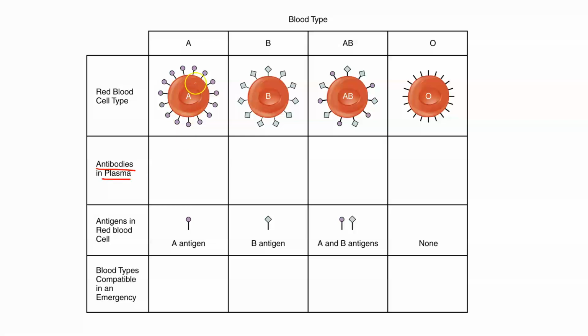Okay, so somebody that has type A blood, they do not have a B antigen on their red blood cells. So the B antigen is foreign to them, and so they'll likely have anti-B antibodies in their plasma. The way that we name an antibody is we call it anti, and then whatever it actually specifically binds to. Antibodies, one of their characteristic features is that they will specifically attach to things.